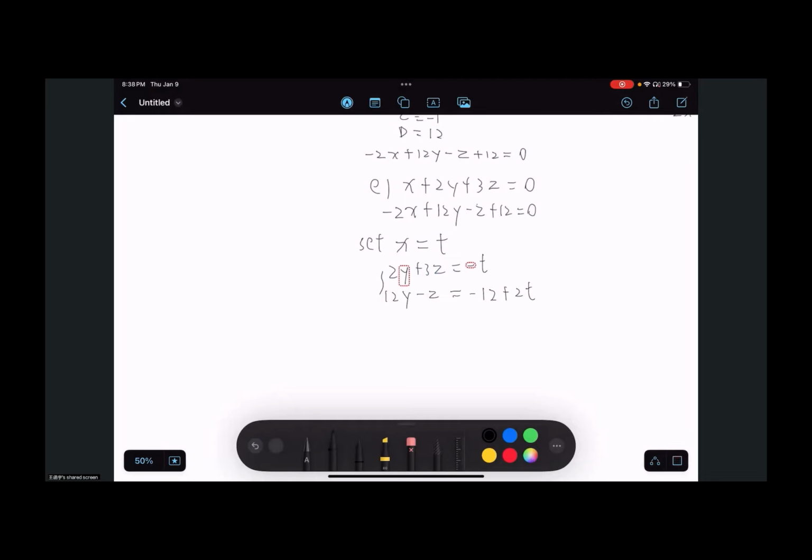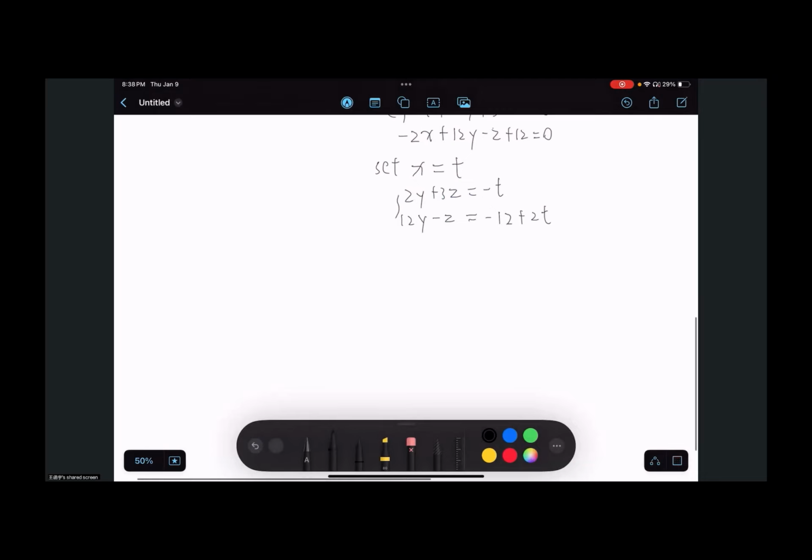And then we need to solve y and z. So let's say it's equation 1. Then I will solve for z.